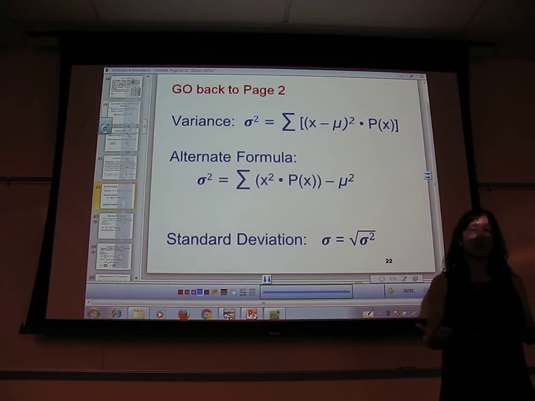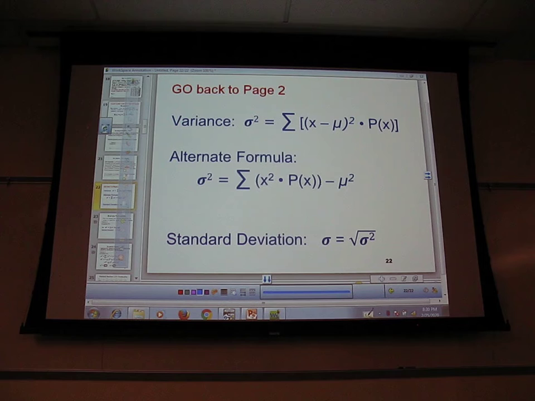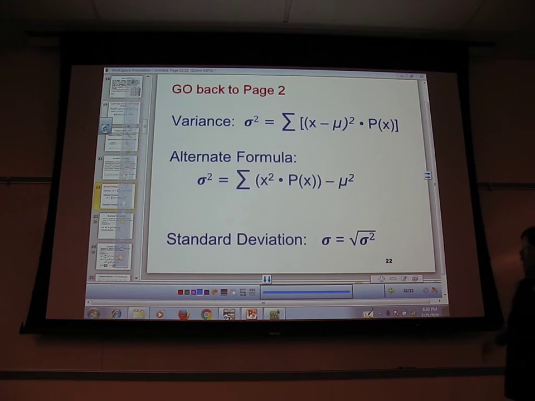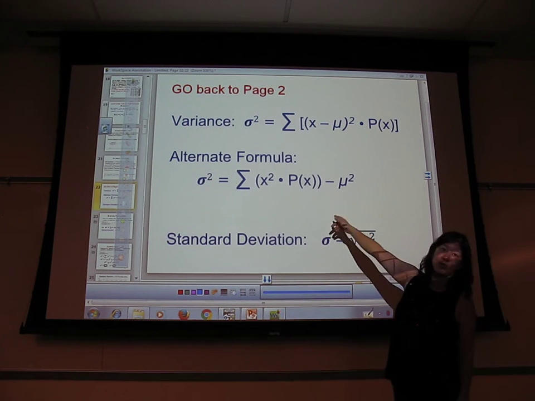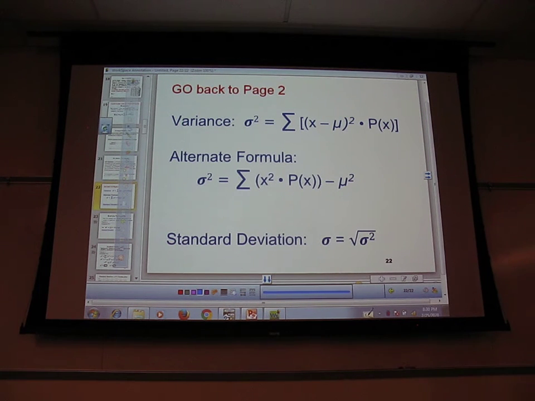Then you square it, and you get even more decimals. Then you multiply by a probability, which is between 0 and 1, also a decimal. So now you have lots and lots of small decimals, and then you need to add them all up. It becomes a giant bear, and it's very difficult to keep accurate. So instead, we use the computational formula, which you learned about last chapter, in chapter 3.